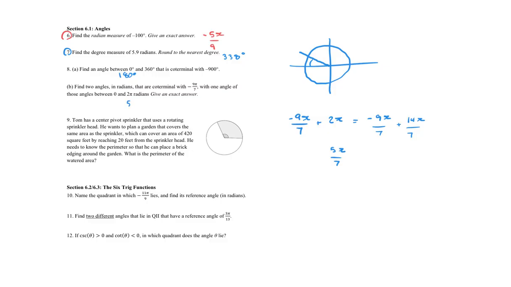So that's one angle. And if we want another coterminal angle, well, we just go all the way around again. So let's add 2 pi to this. That'll be the same sort of procedure where we're just going to turn this into 14 pi over 7, so that way they have the same denominator. We'll go ahead and do 21 pi over 7. So this is also coterminal.